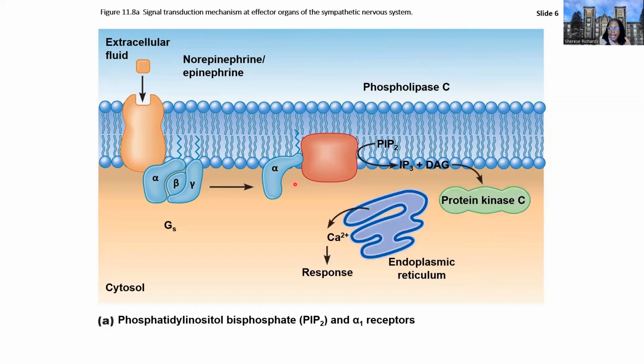IP3 and DAG can both enter the cell and bring about that cellular response, either by activating an enzyme in the cell or by resulting in calcium release. And then we have our cellular response. So that is specific to alpha 1 receptors.